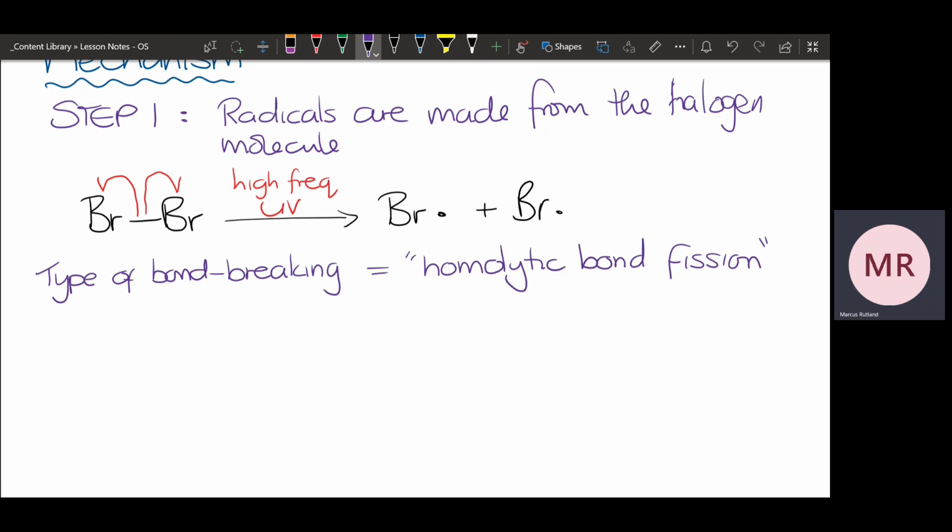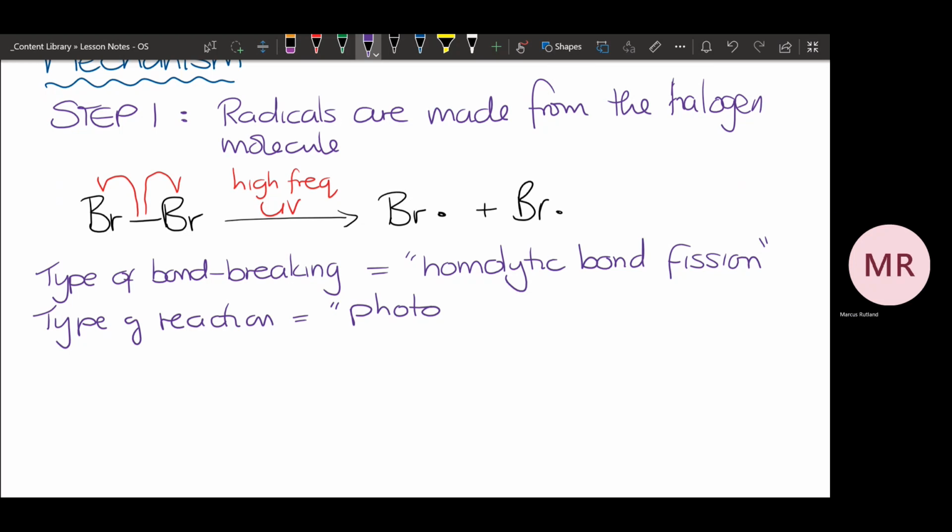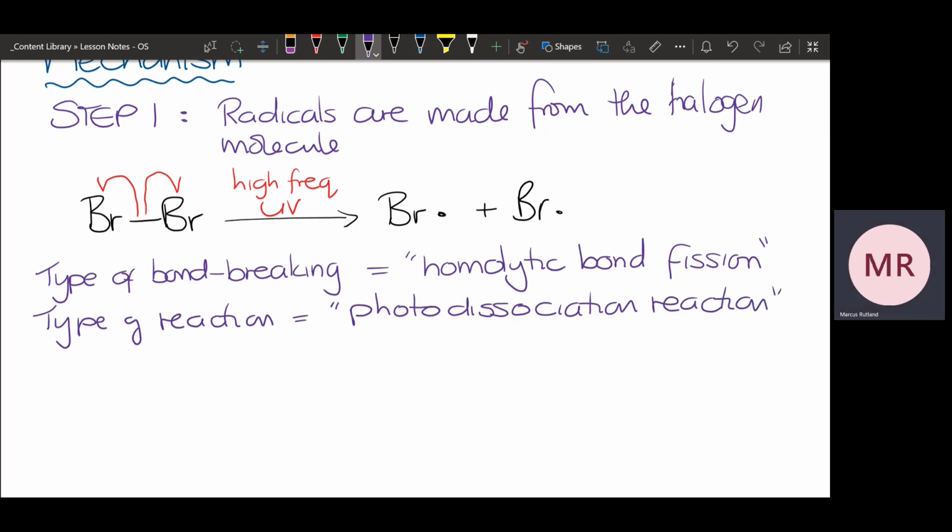Okay, there's further words though. The type of reaction involved here is a photodissociation reaction. And unpacking that word, photo not referring to cameras, but light, and dissociation, the opposite of association, where things kind of get together.